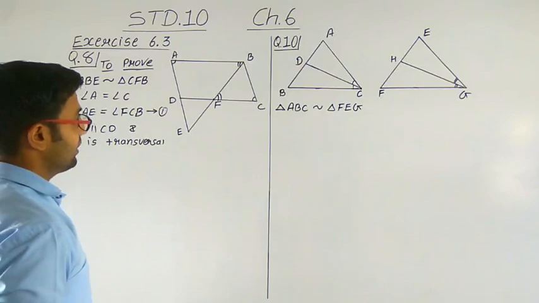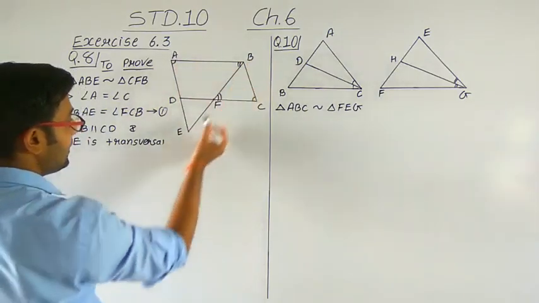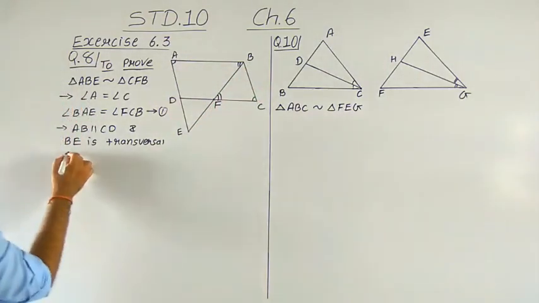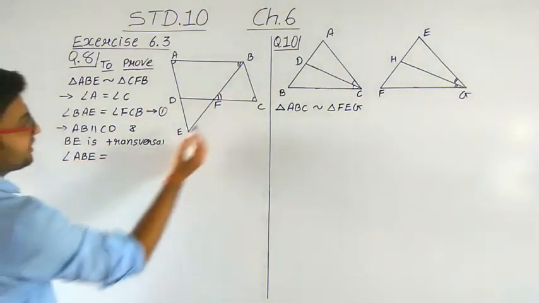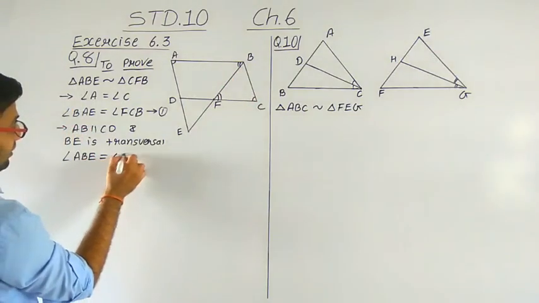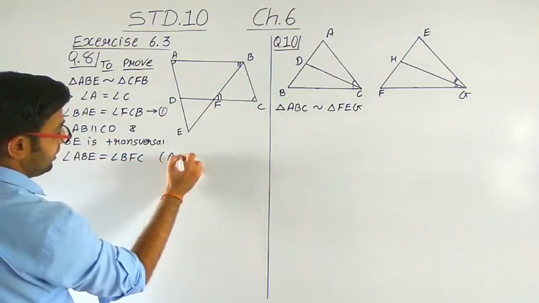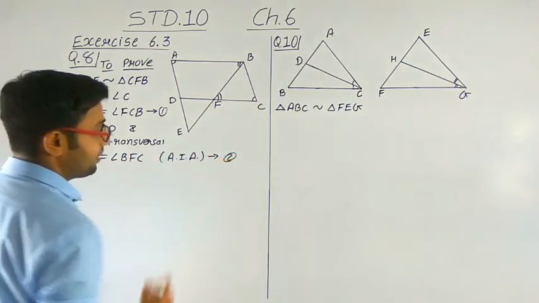So this angle we can write as angle ABE, and this angle we can write as angle BFC. This we can write according to the alternate interior angle property, and give it equation number 2.